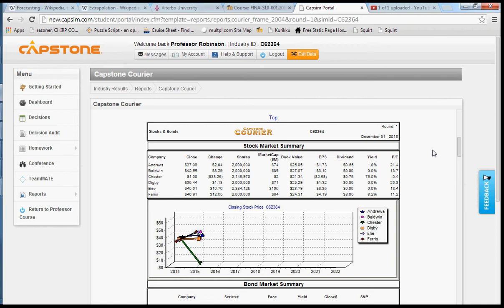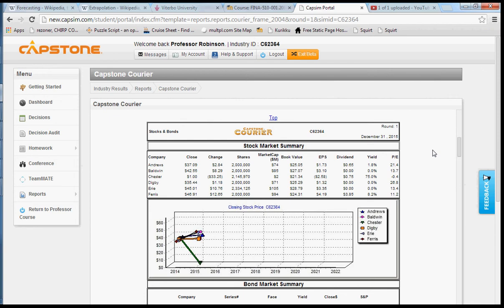EPS is earnings per share, so that's the dollars of economic value generated per share owned by a company shareholder. And then the dividend is the dollar value of the dividend paid by the firm, and the yield is the dividend yield.